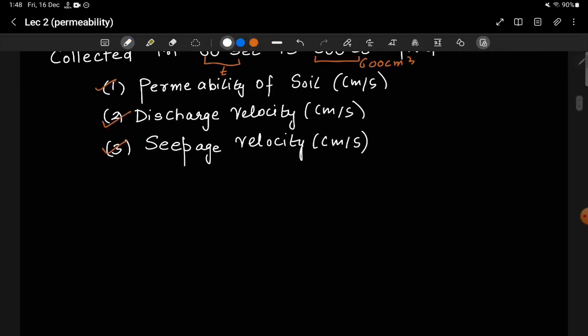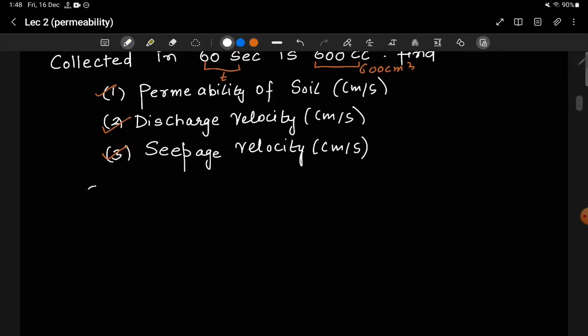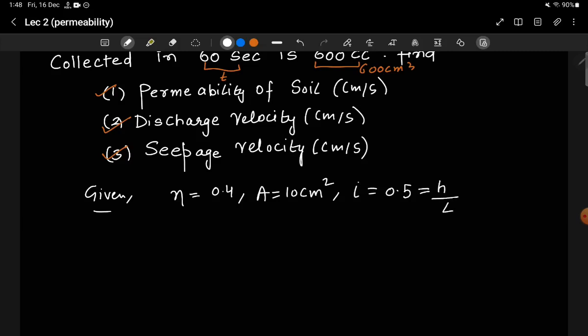Let us first see the parameters they have given to us. They have given us the porosity, the cross-sectional area, and the hydraulic gradient, which is denoted by the head difference divided by the drainage path. They have given us the time, which is 60 seconds, and the volume, which is 600 centimeter cube.